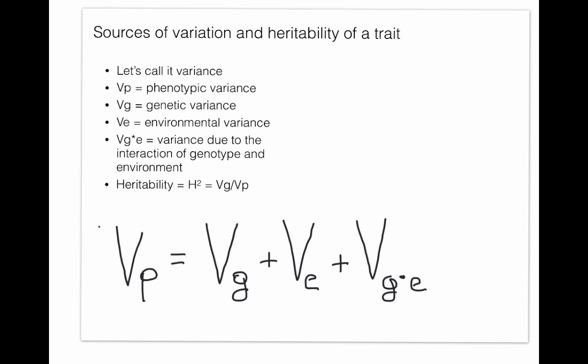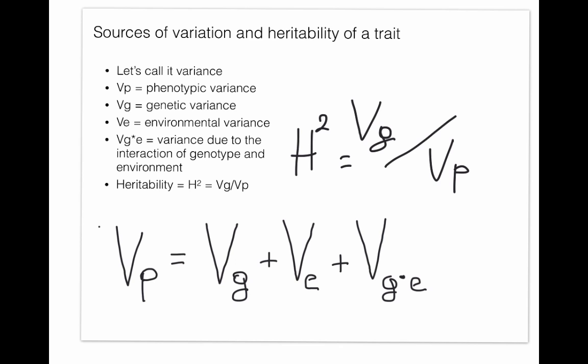The heritability, the amount to which a phenotype depends on the genotype, can be derived very simply by dividing the variation due to the genotype over the total amount of variation, which is VP. This is called heritability, and because heritability is still a variance, we have it squared. So large H squared is heritability.